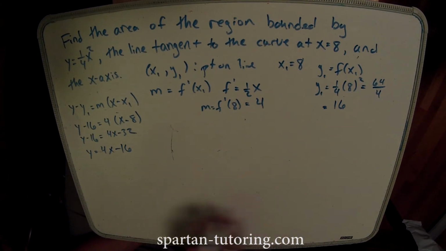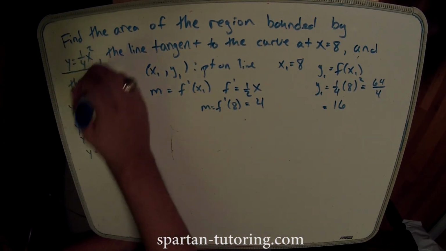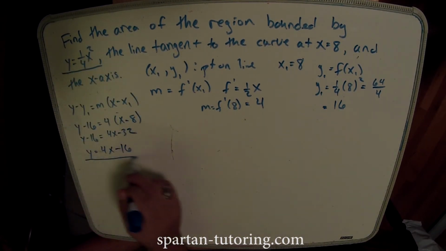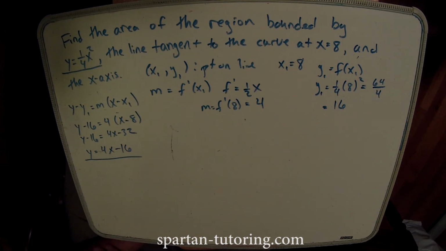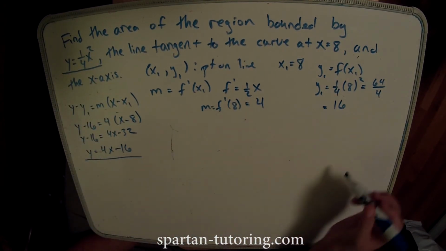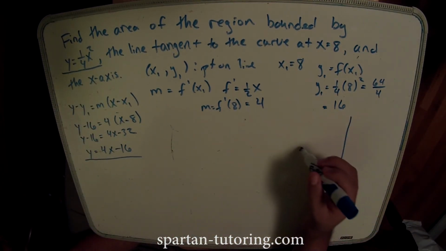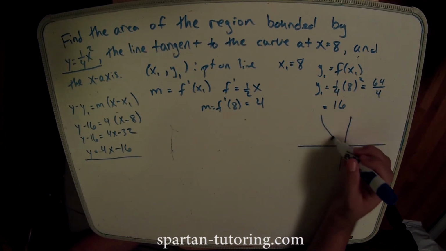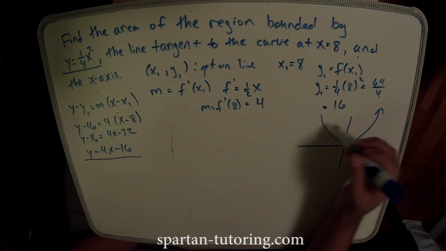Okay, so now we've got our two curves: y equals 1/4 x squared, and y equals 4x minus 16. Now let's figure out which one is on top by sketching these curves. 1/4 x squared looks something kind of like this.